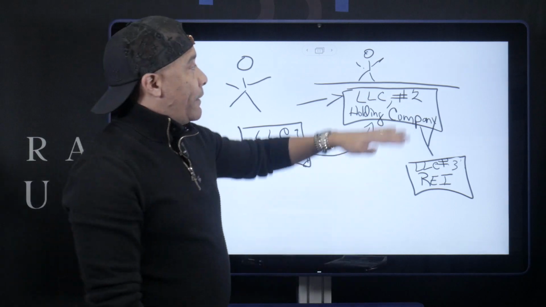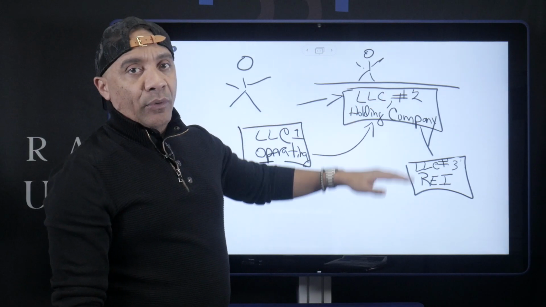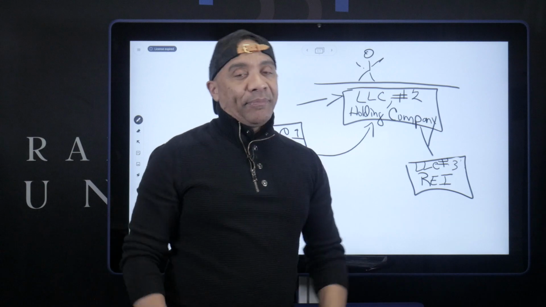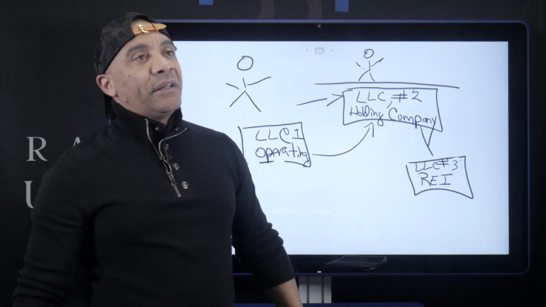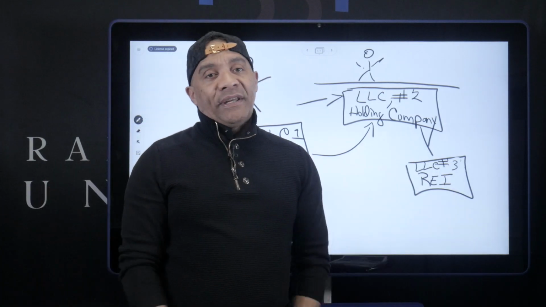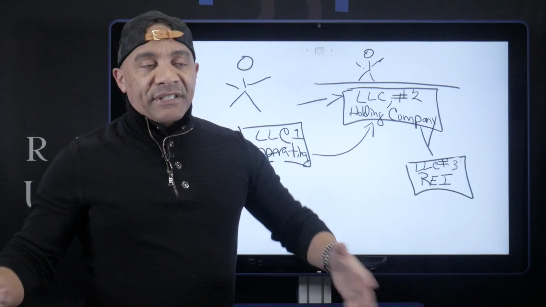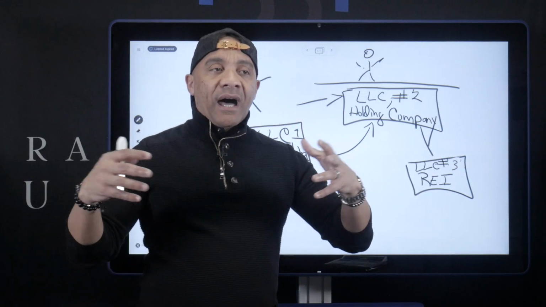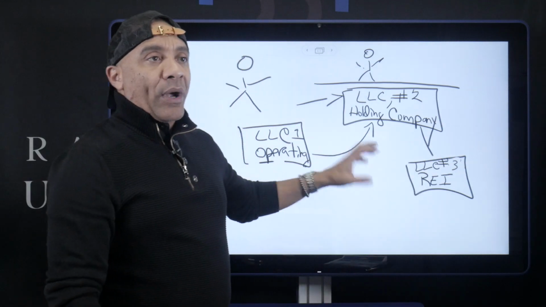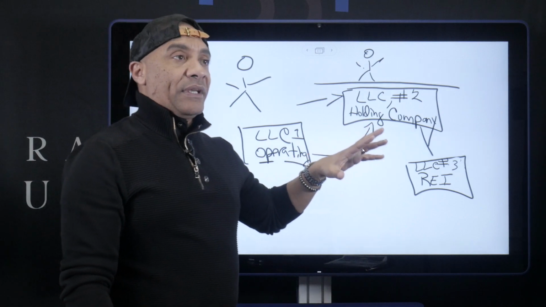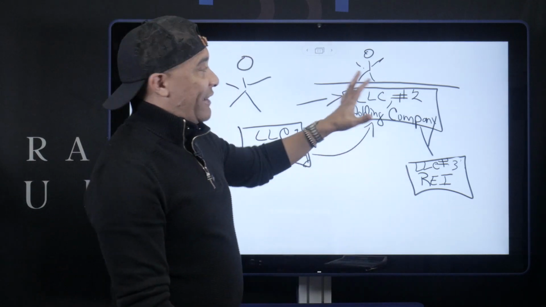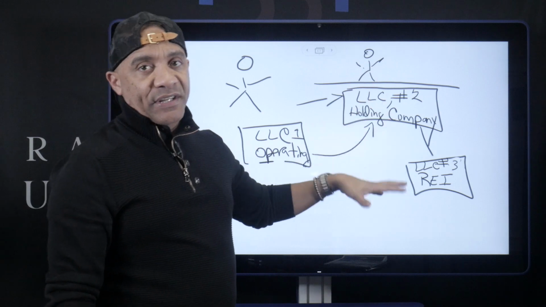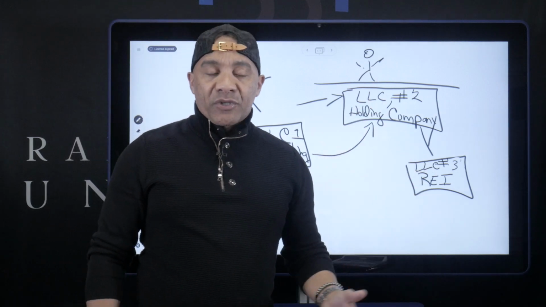Either way, you want all roads to lead to the holding company. There are so many different benefits, tax benefits, operational benefits, asset protection benefits. There are just a lot of benefits and a lot of reasons why the wealthiest people, the wealthiest companies in the world have their enterprises and organizations set up and structured this way.